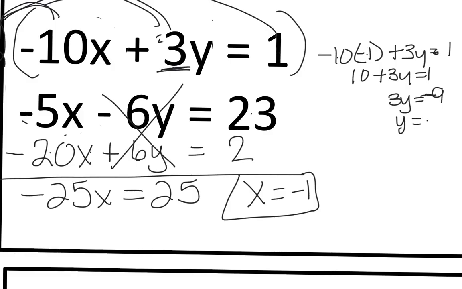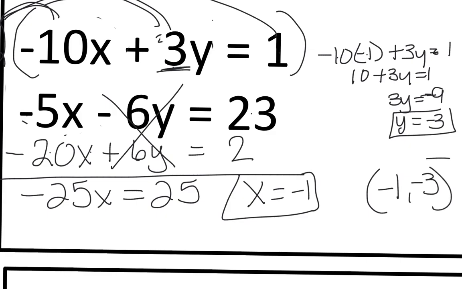So y equals negative 3. So my solution, my point where my lines intersect and have the same x and y coordinate, would be negative 1, negative 3. Okay. When you're doing these, make sure you're giving me that solution, that ordered pair, okay?